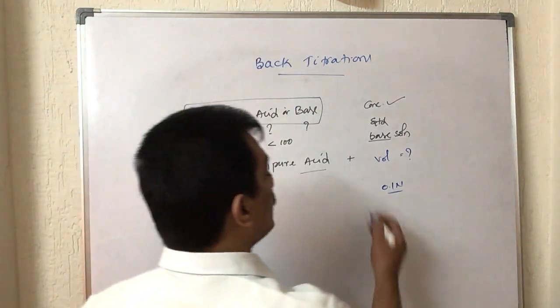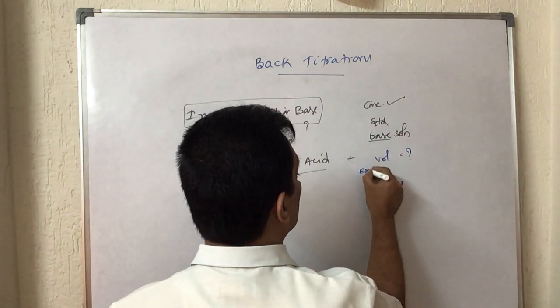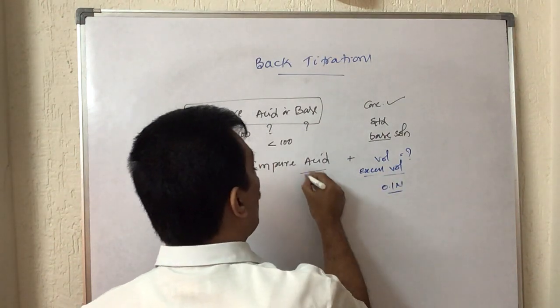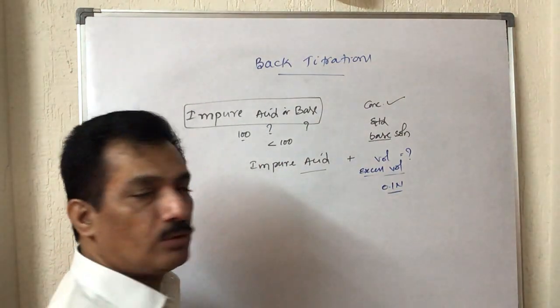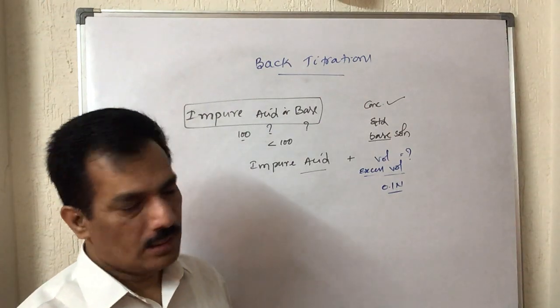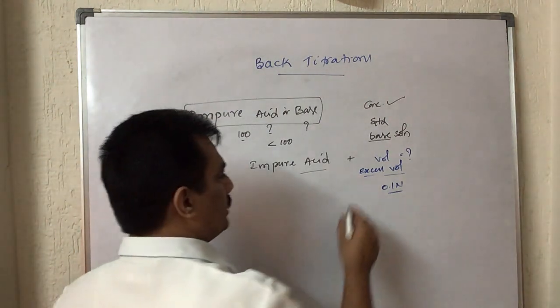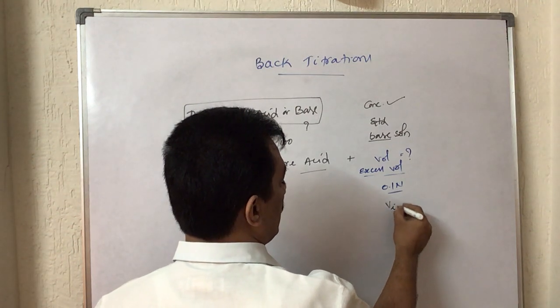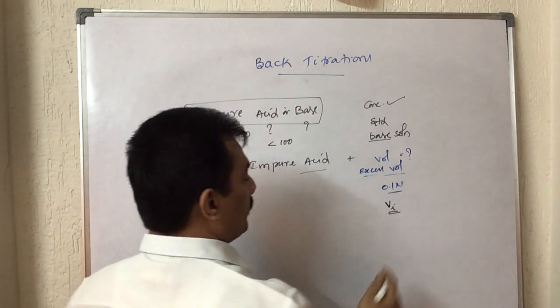For that purpose, we are taking excess volume so as to neutralize all the acid that is present in the impure compound. Clear? Say the volume taken in excess is V initial.